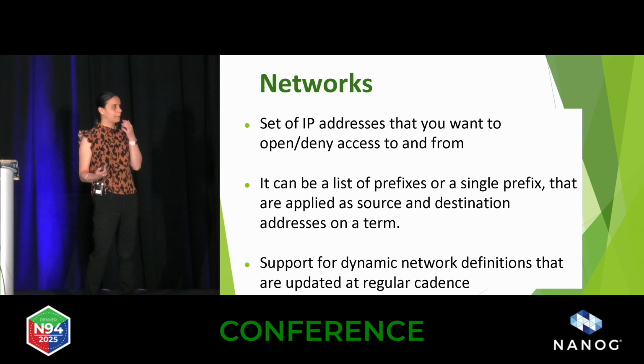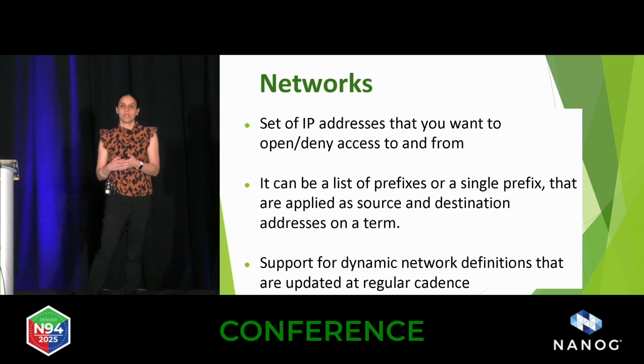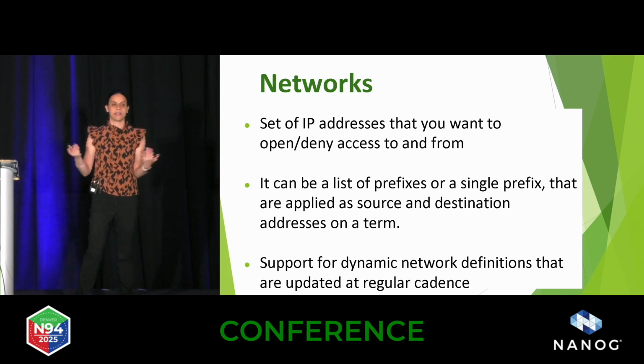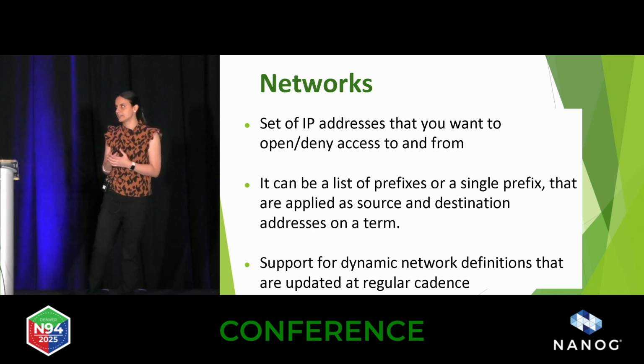It is not feasible for them to keep updating their rules every day. So instead of specifying the prefixes, they specify the source of truth where the prefixes reside, and we have a job that regularly updates these prefixes from the source of truth and then updates the ACLs accordingly for them.